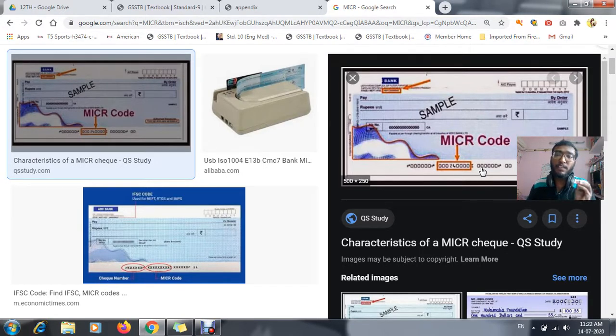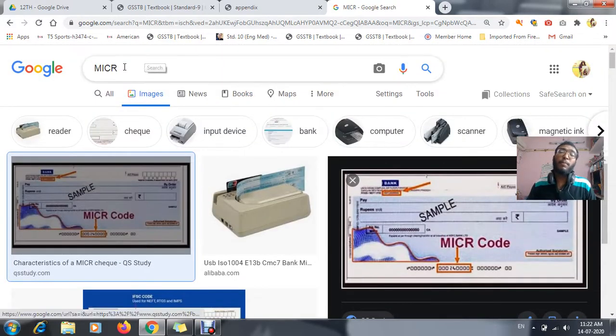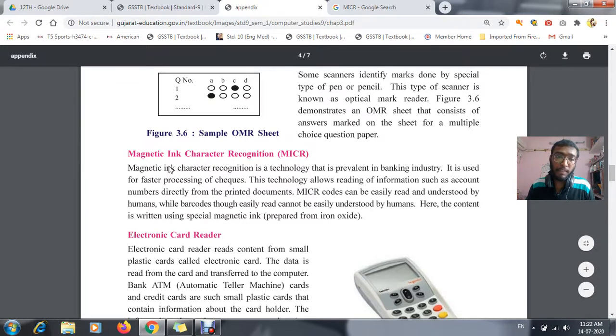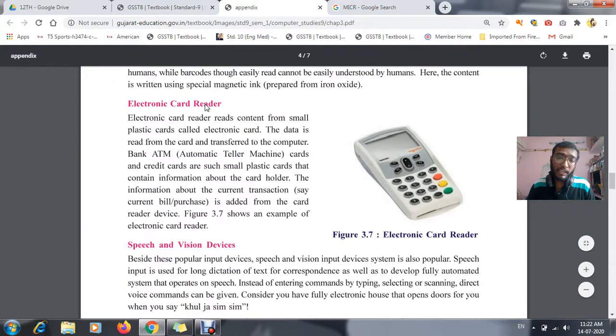Each and every small detail comes from this particular code, and this code has to be scanned by a scanner known as MICR, whose full form is magnetic ink character recognition. Understood?